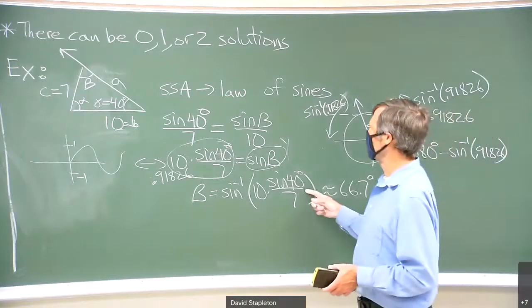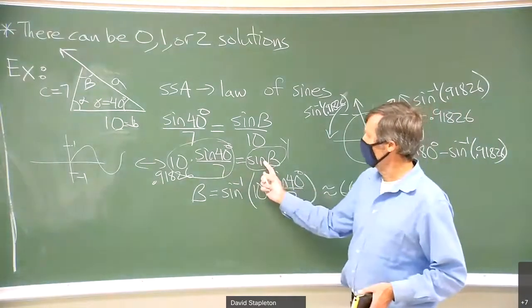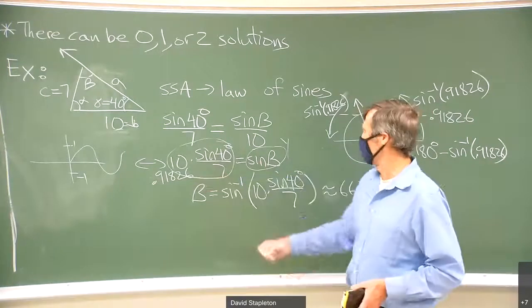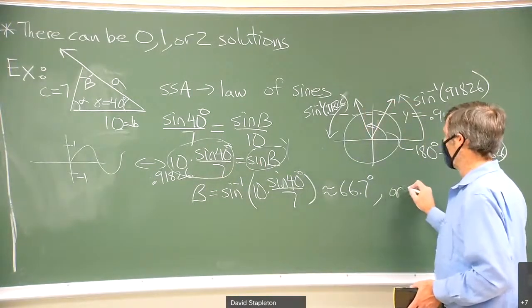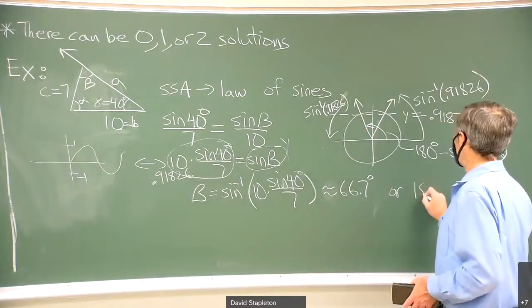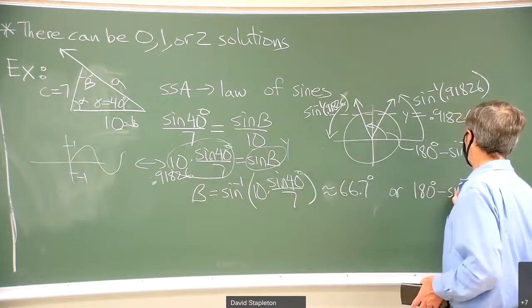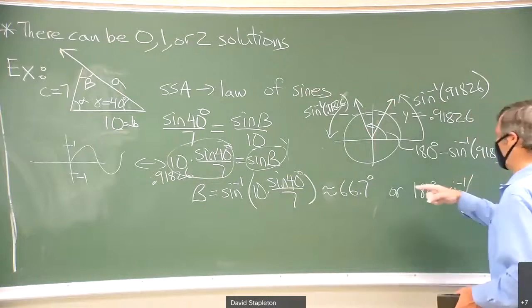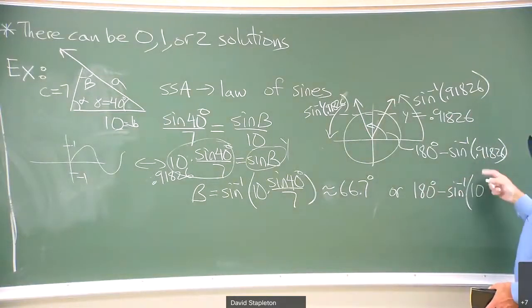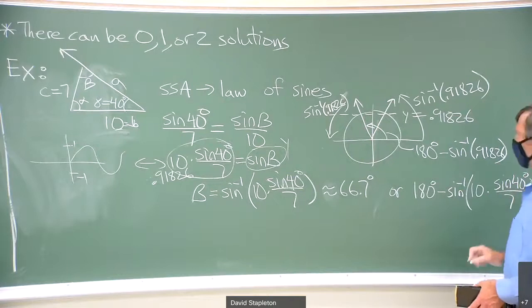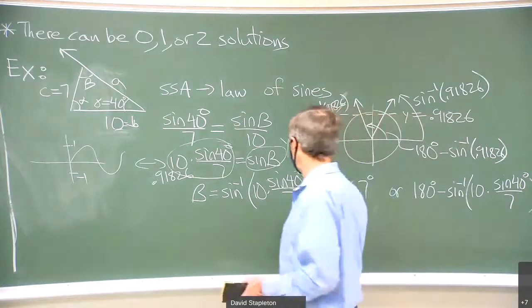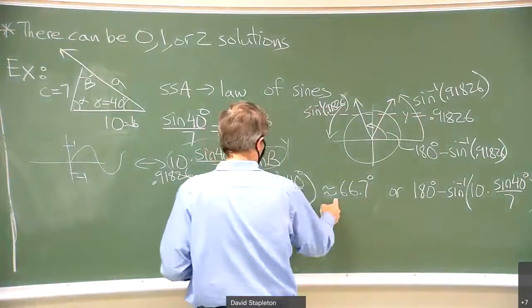So there are always two angles for a sine equal to a number between plus and minus 1. One of them is the arc sine. The other one is 180 minus that. I'll write it out in all its detail here. It's 0.91826 to 5 places. So I calculate this one, and I got 66.7 degrees.